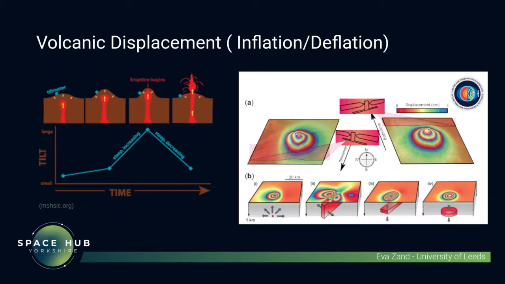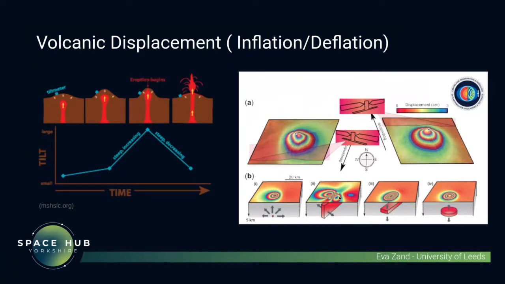And if you have this one image of the sent and received wavelength, and then the satellite passes by 6 days later, and this wavelength is getting shorter, this means that the ground is coming towards the satellite. If the wavelength is getting longer, this means the ground is going away from the satellite.